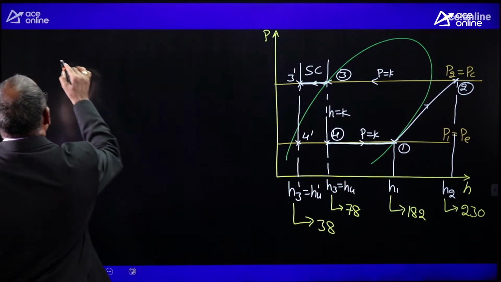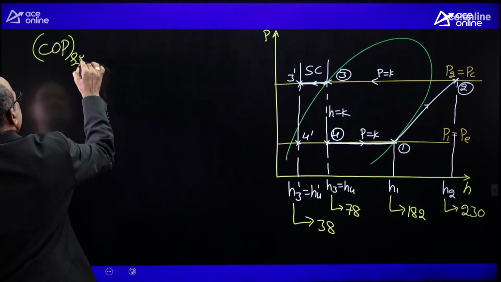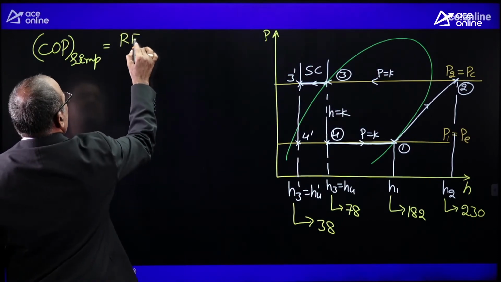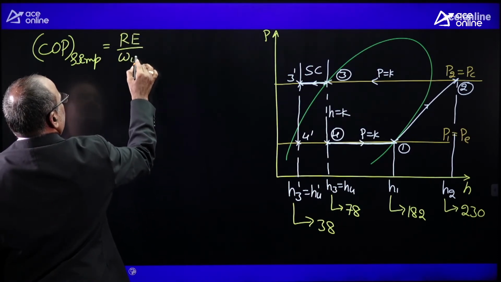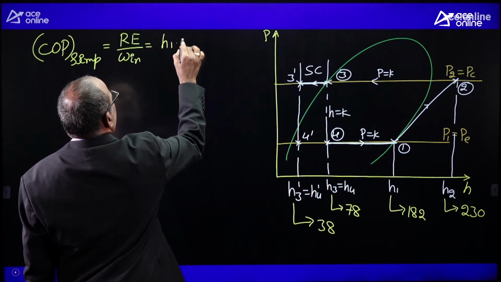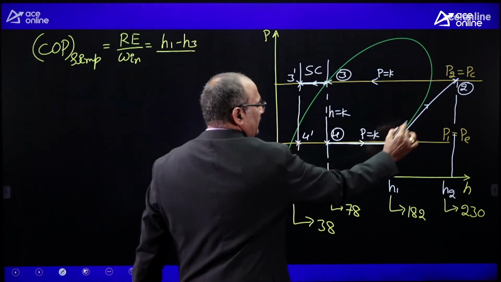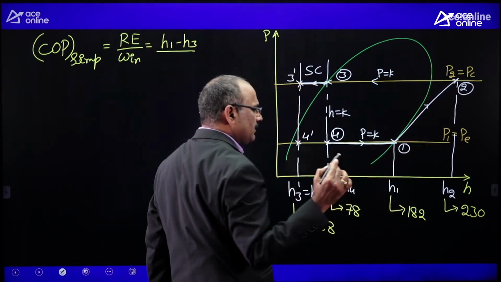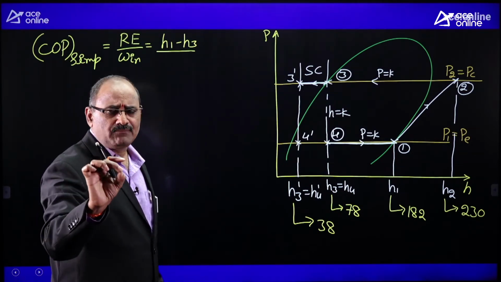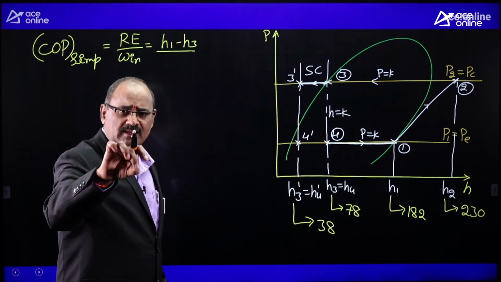Now, COP for the simple cycle first. COP for the simple cycle is refrigeration effect divided by work input. The refrigeration effect for the simple cycle is H1 minus H3, divided by the work input. The compressor is a steady flow device, and it is given that the compressor works reversibly and adiabatically.